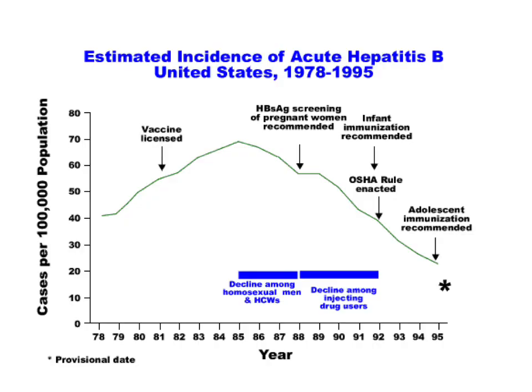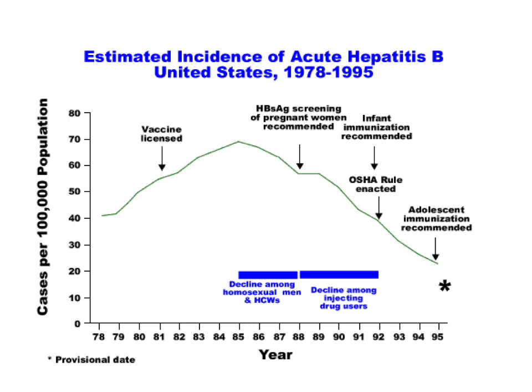Since the hepatitis B vaccine was licensed for use in the United States in 1981, the incidence of acute hepatitis B has changed dramatically. During the 1980s, the use of hepatitis B vaccine had little effect on disease incidence, which actually increased during the 1980s.